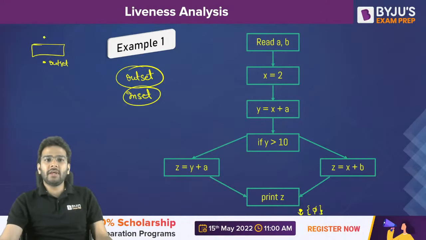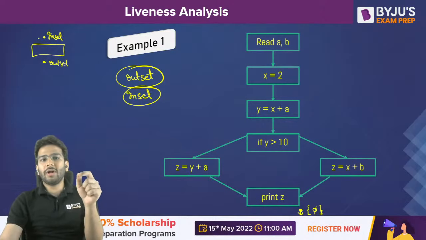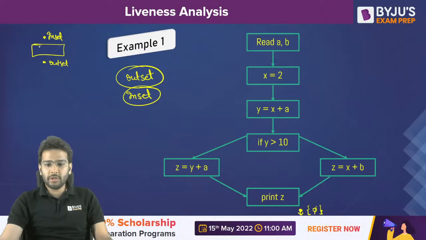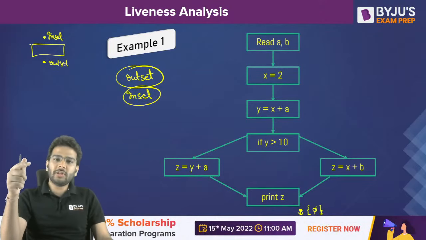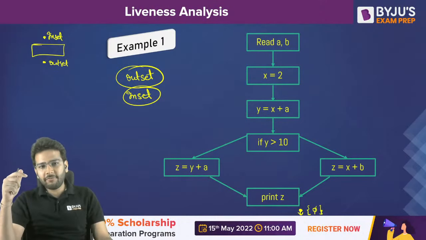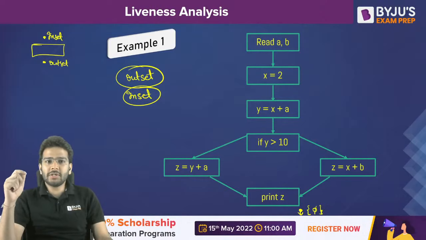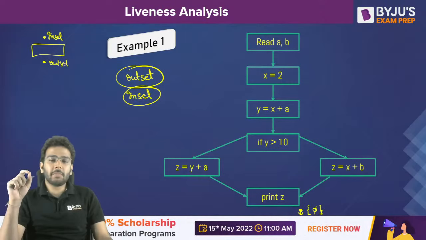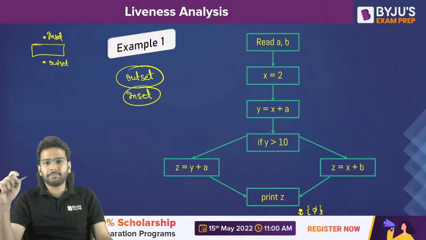Similarly, we have the inset, the set which contains the live variables just before the block. Inset is before the statement or block, and outset is just after the statement. These sets contain the live variables present at that particular point in the program.